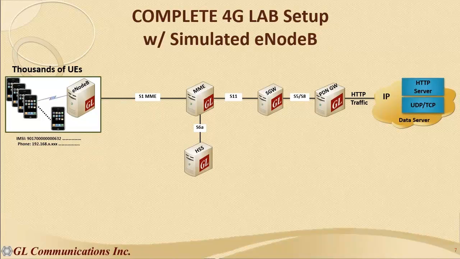This is another setup where a real eNode B is replaced with a simulated eNode B. The advantage of using the simulated eNode B is that the user can have thousands of UEs simulated here, as it is very difficult in lab situations where we cannot have so many UEs connected to the eNode B in real time.